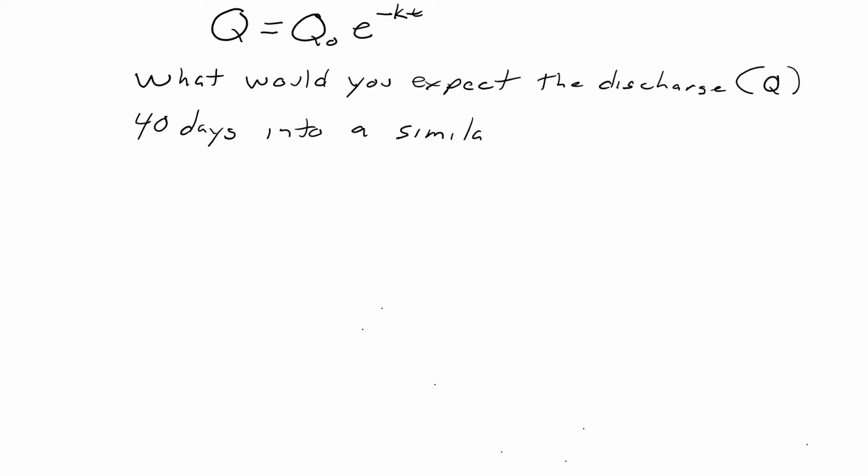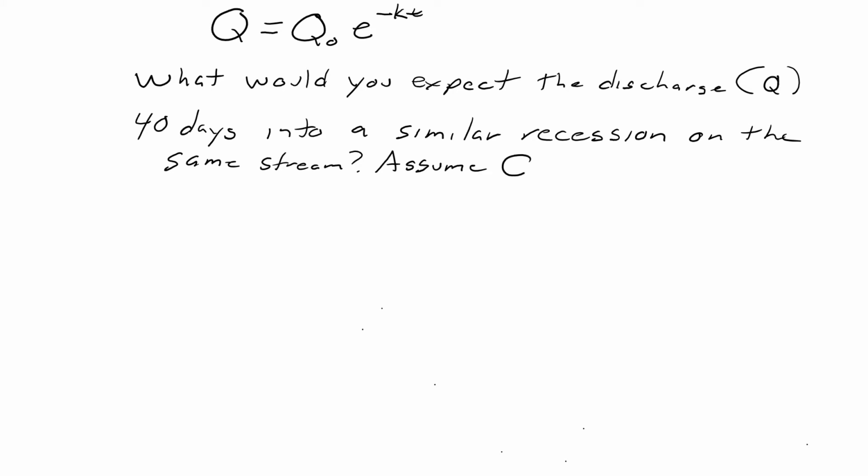40 days into a similar recession, on the same stream. Since it's similar, you can assume that your initial discharge at the start of the recession is again going to equal 500 cubic feet per second.